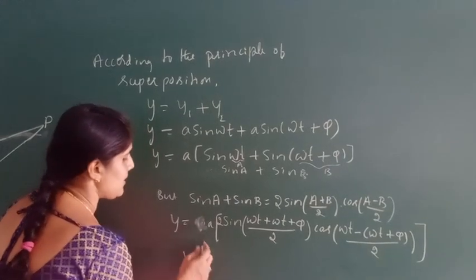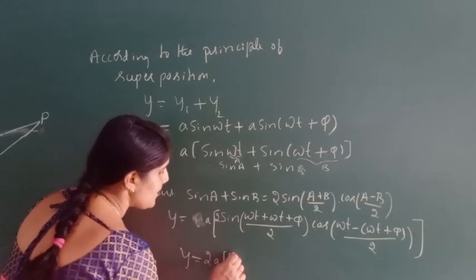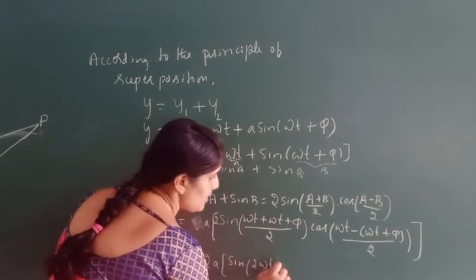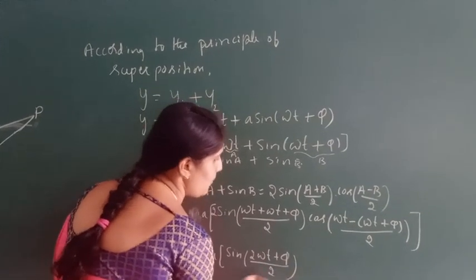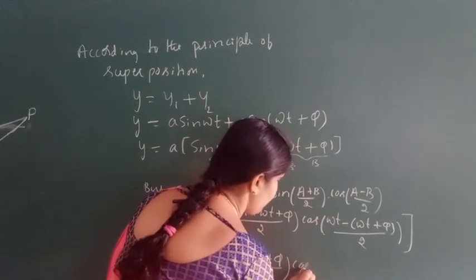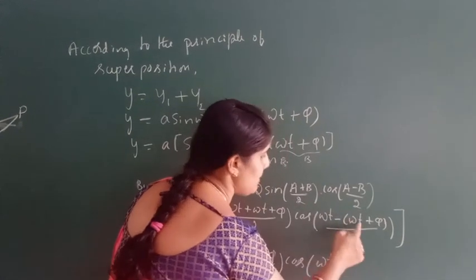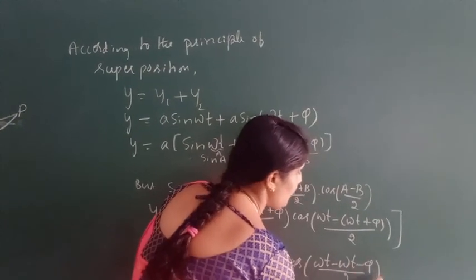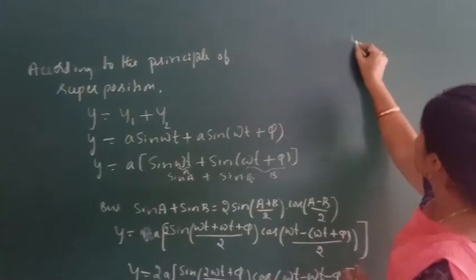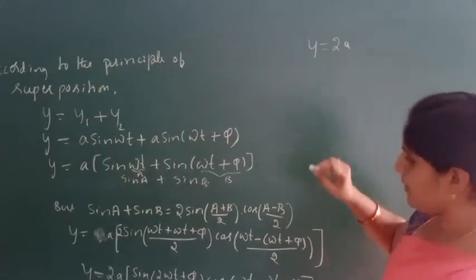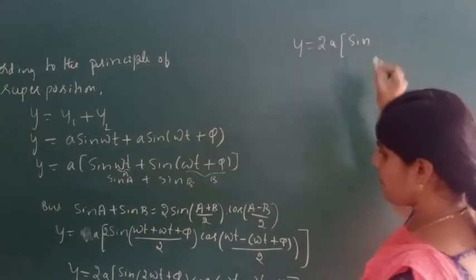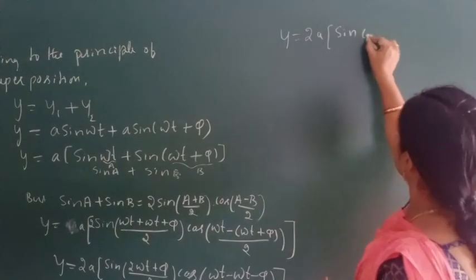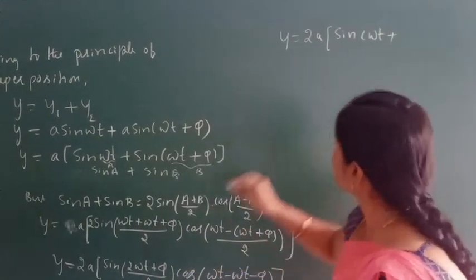Here we take 2 as common. So y is equal to 2a into sin of omega t plus omega t plus phi, that is 2 omega t plus phi, divided by 2, into cos of omega t minus omega t minus phi, divided by 2. Next, y is equal to 2a into sin of, the 2 gets cancelled, omega t plus phi by 2.